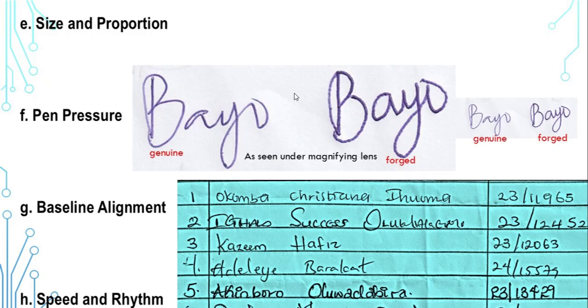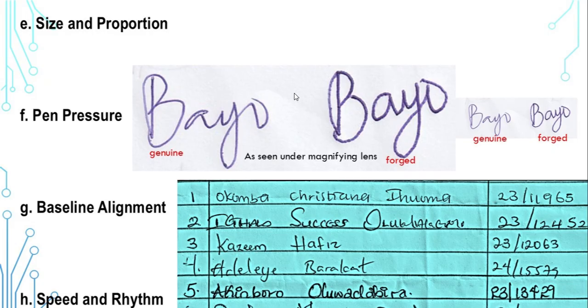So yes, let's move ahead. There's another thing we call speed and rhythm. The speed and the rhythm is how fast the writer writes. What will help you determine whether the writer writes slowly or speedily are two things.